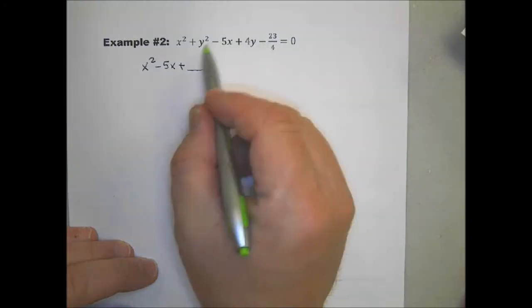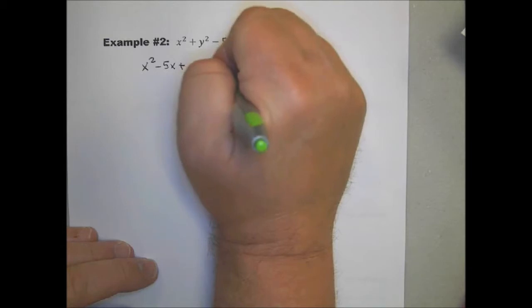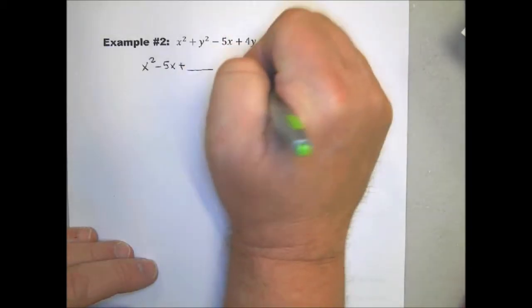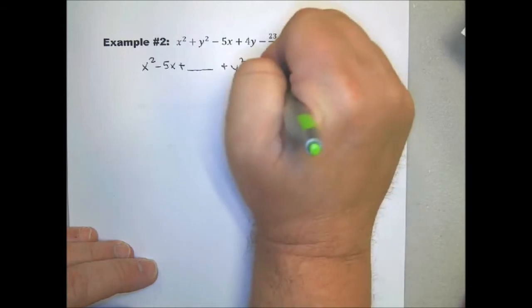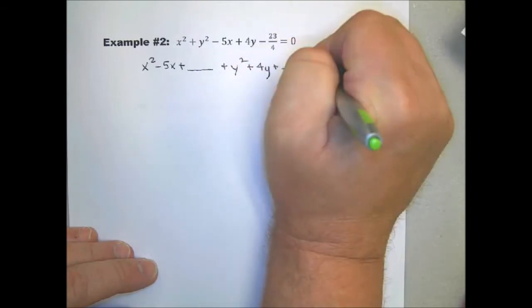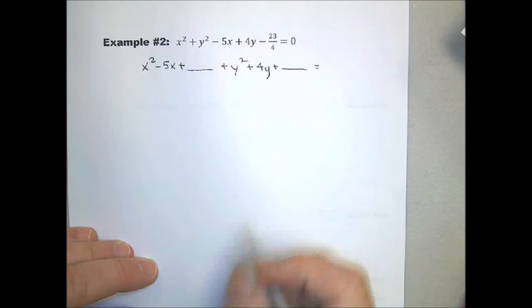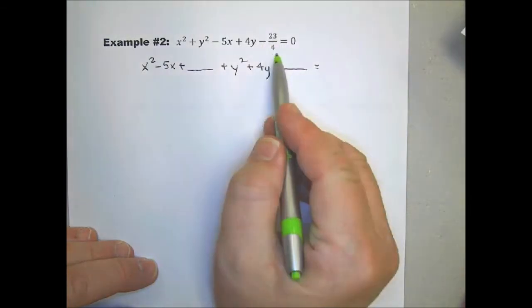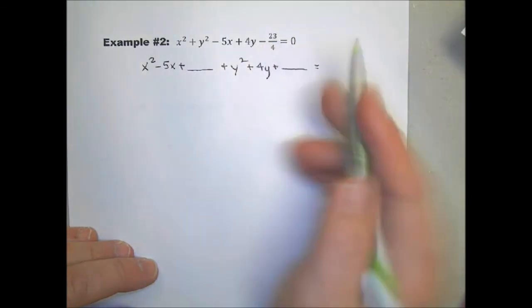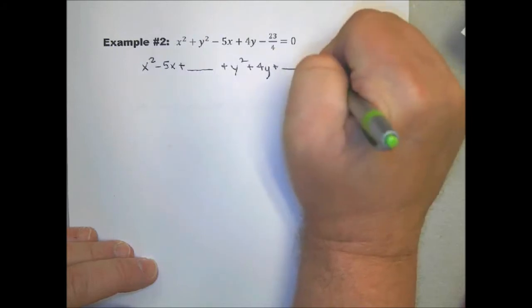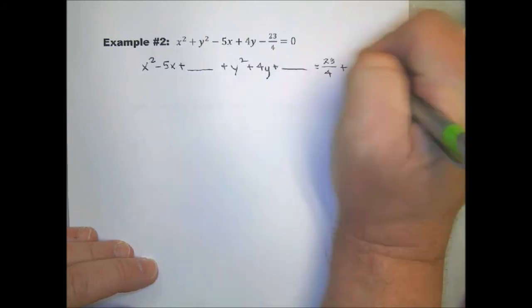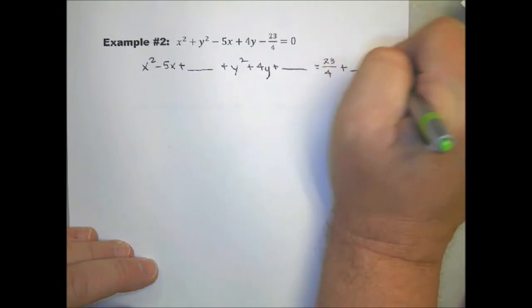Now move on to the y's. I've got y squared plus 4y. And I know I'm going to have to add a third term. And then that negative 23/4 is going to move to the other side of the equation. So it's going to become a positive 23/4. And then I know I'm going to add a couple of terms.